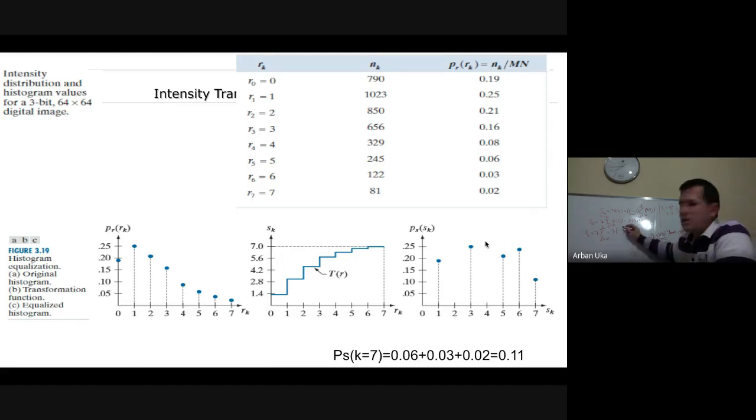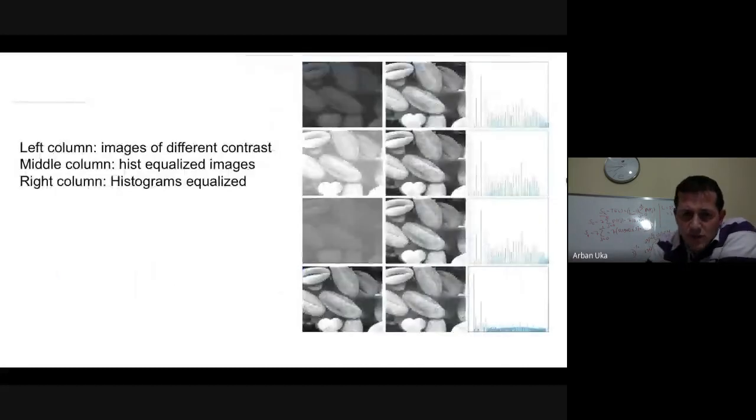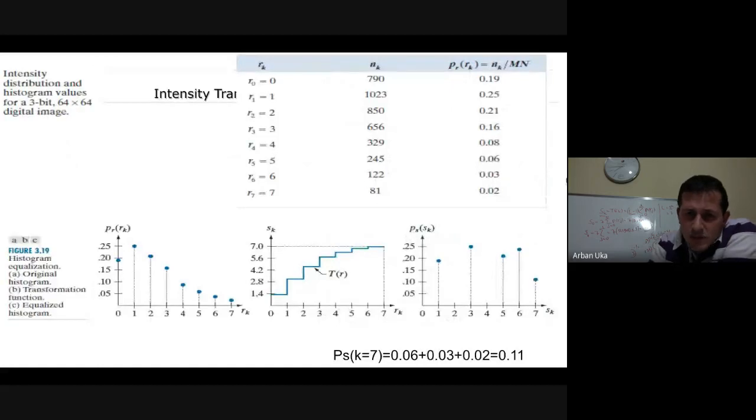So here we have 0.19 plus 0.25. In total, we get a value of approximately 3.08, or around 3, so we can round this. So this will have a probability a little above 2.8, which is shown in here.